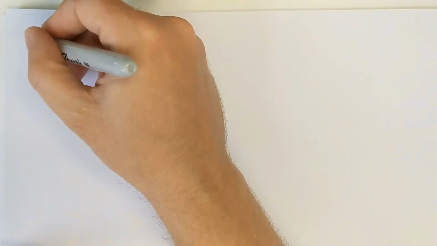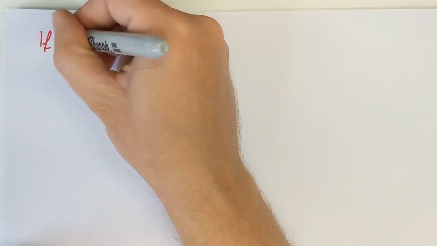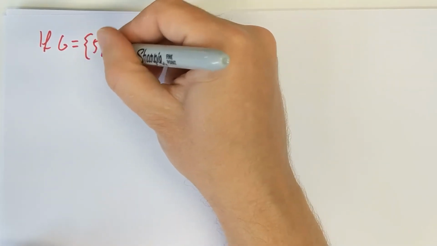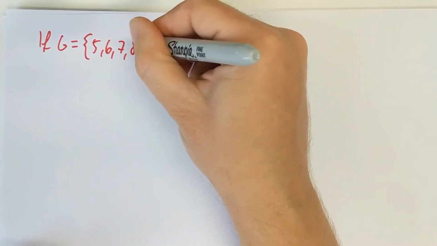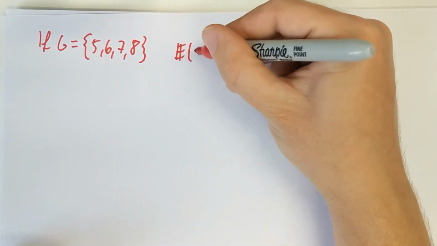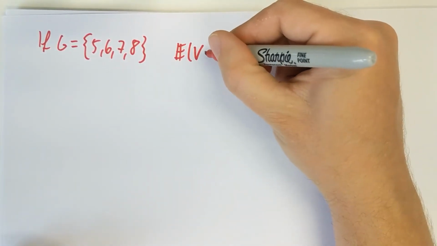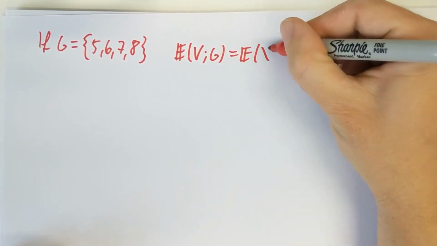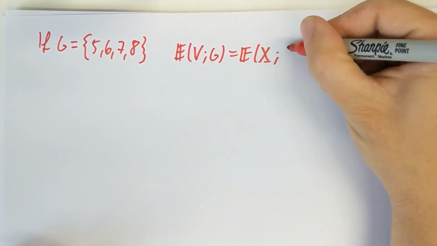What I want to continue with now is to just mention, not do it all the way down, that if we pick G equals the next interesting set, which is 5, 6, 7, 8, and do the same calculation: expectation of our function V on that set equals the expectation of our original random variable x on that set.